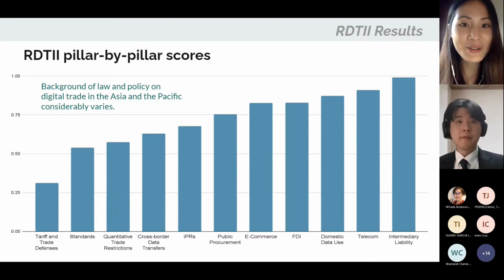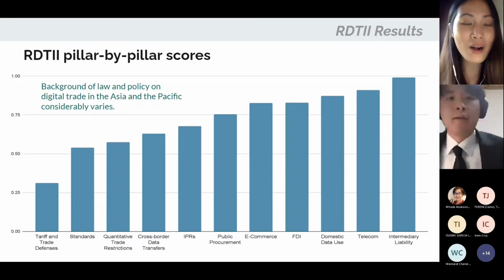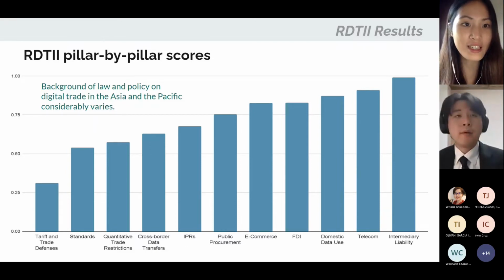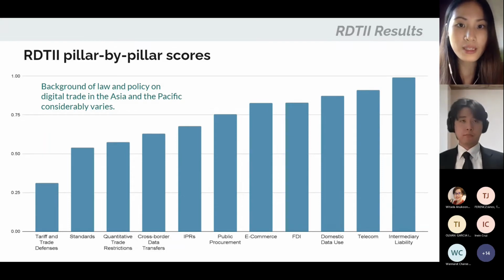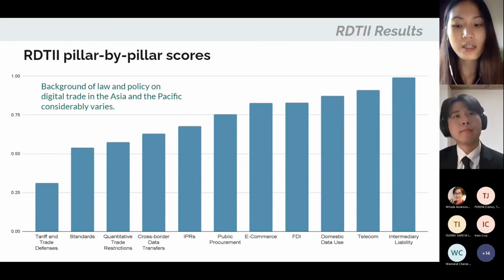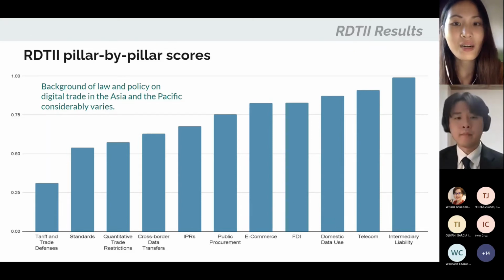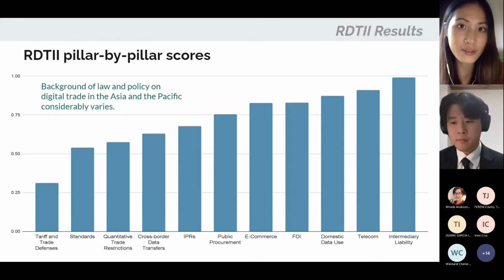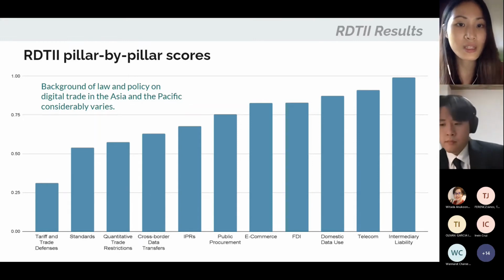Thanks, Johan. This graph shows the overall RDTII score by pillars, from the data covering the 22 Asia-Pacific economies that we have researched. First of all, we found that the background of law and policy on digital trade in the Asia-Pacific region varies. Some economies, for example Singapore, Australia, and Japan, are advanced, while Brunei Darussalam and Vanuatu are at the initial stage of developing their digital regulation.